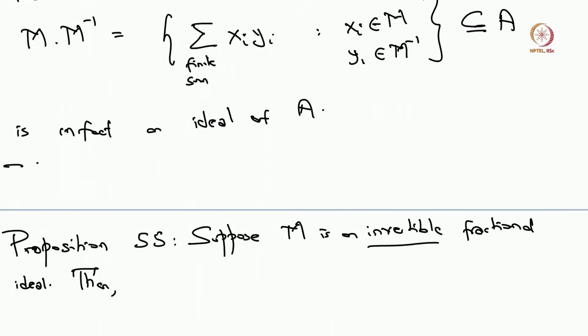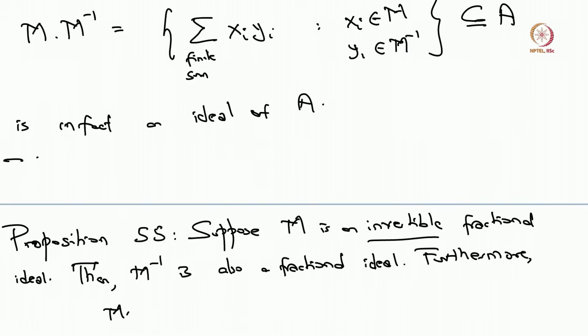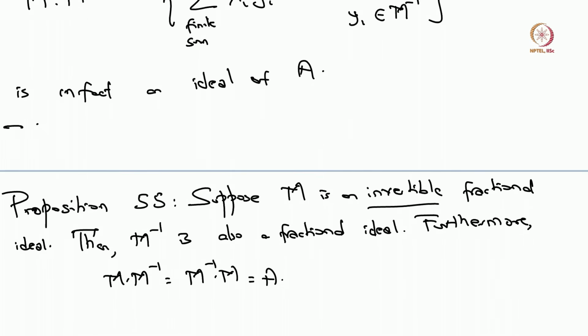Then this M inverse is also a fractional ideal. And furthermore, M times M inverse equals M inverse times M equals A. Okay, so if I know that M is an invertible fractional ideal, then the inverse is given by the set M inverse.